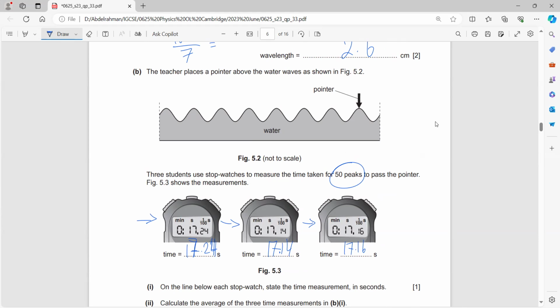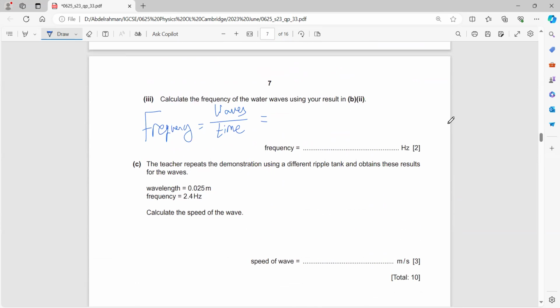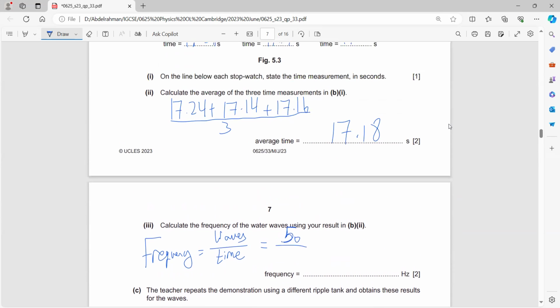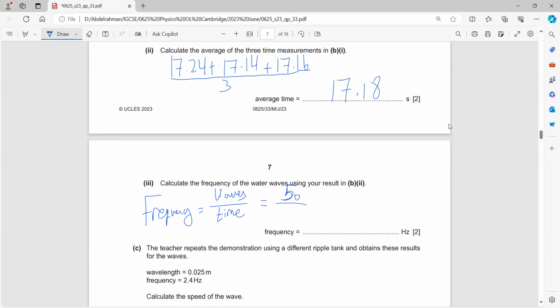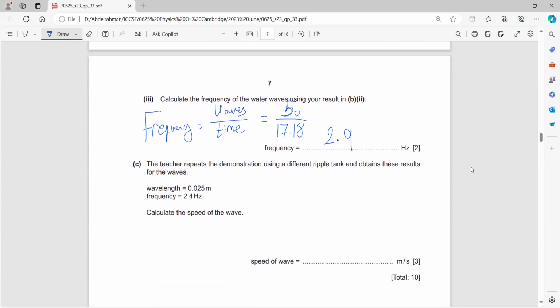So the number of waves is 50, over the time taken, which was the average time, 17.18. What's the frequency? 2.91, 2.9 hertz.